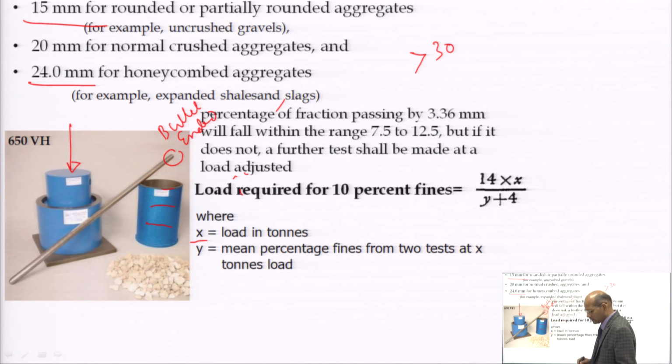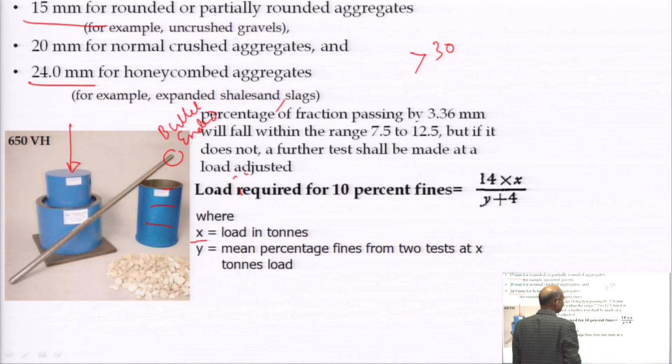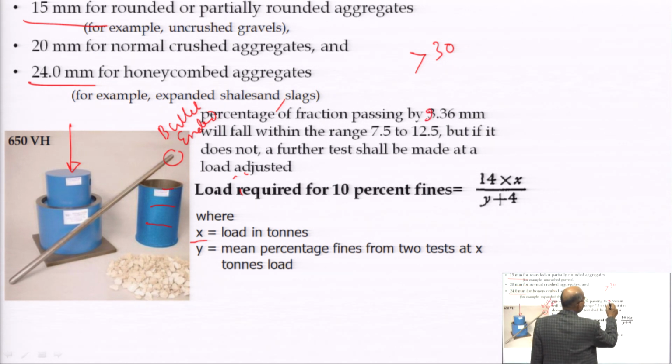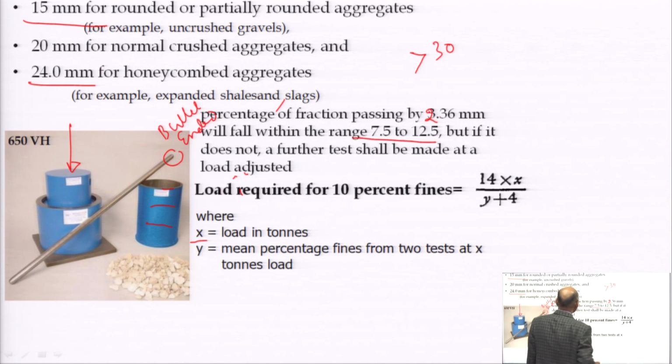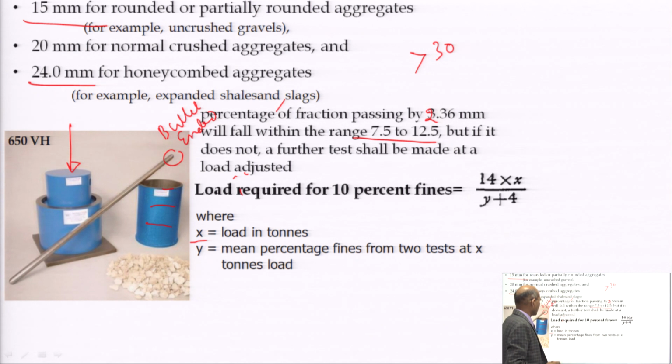Then we have to take the percentage of the fraction passing the 2.36 mm sieve. If it falls within the range of 7.5 to 12.5 percent, then it is okay.